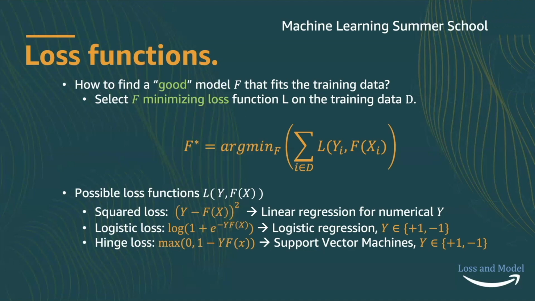A simple classification loss is just a counting loss. Let's say you have 100 data points in your data set or training data D. And every time the model F makes a mistake on a sample, the loss simply adds a value 1. And if the model F gets it right, it does not add any penalty. It simply adds 0. That's a simple counting loss.